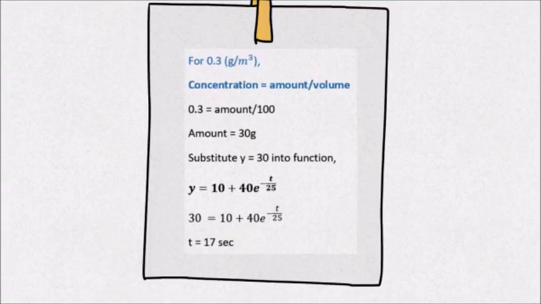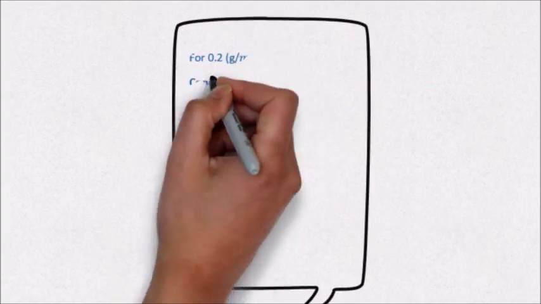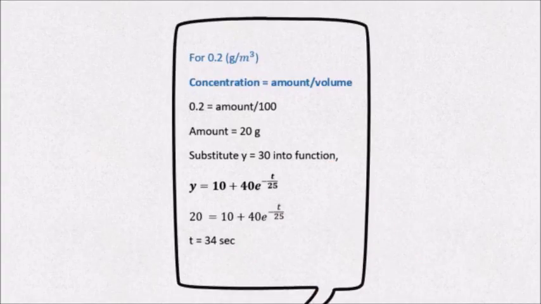We get t equals 17 seconds. For 0.2, by using the same formula, we get amount 20 gram. Then substitute y equals 20 into the function y equals 10 plus 40 exponent negative t over 25. We get t equals 34 seconds.